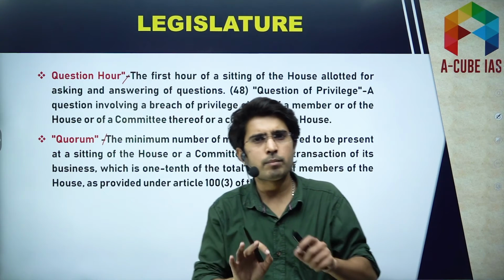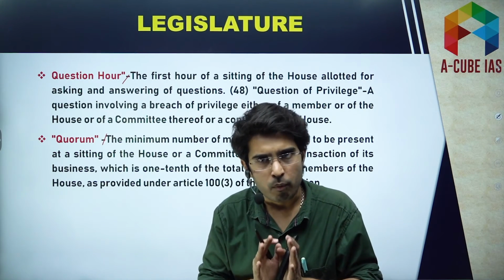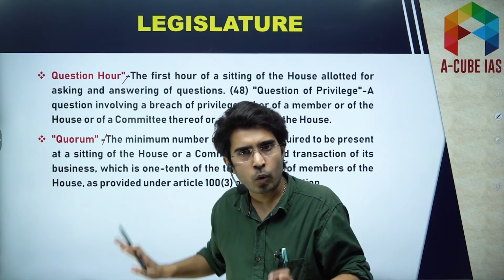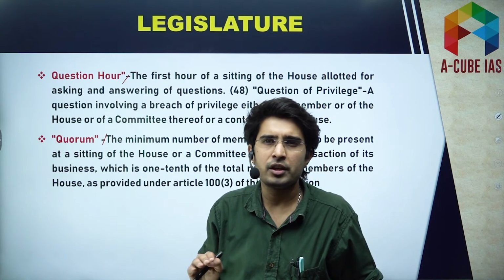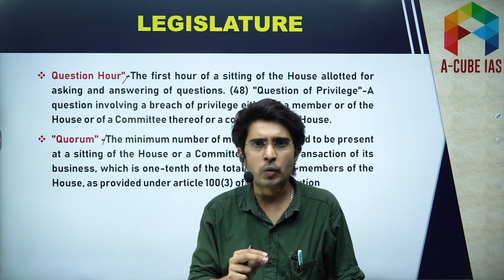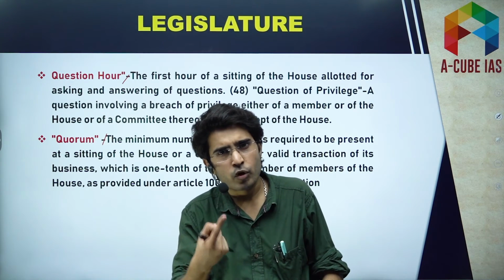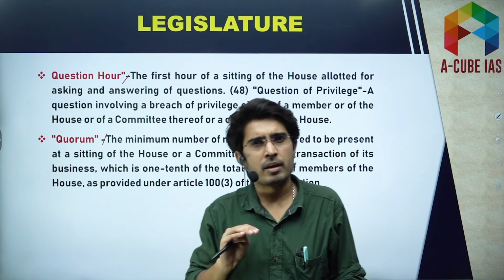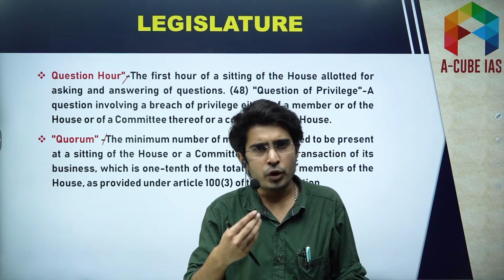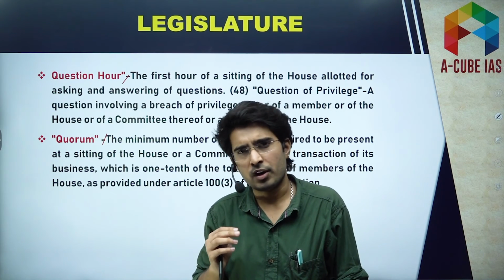So all these parliamentary terms are very important, and you can download these notes, you can revise all these terms, and if you have any doubts, you can mention in the comment section. And let me repeat one more time, these terms are very important. There might be a direct potential question in the upcoming prelims.